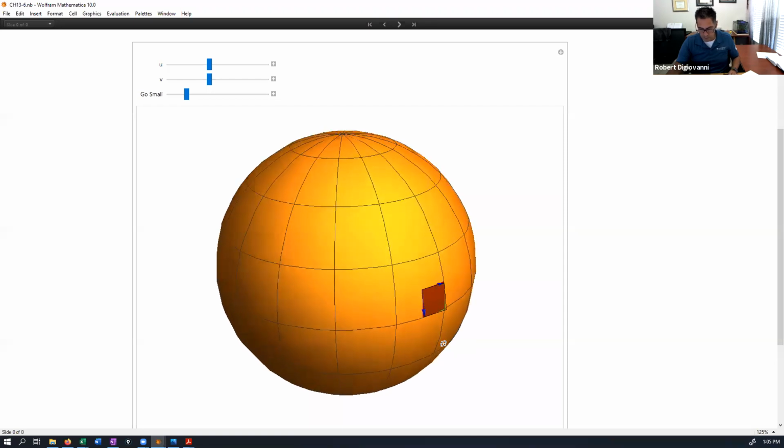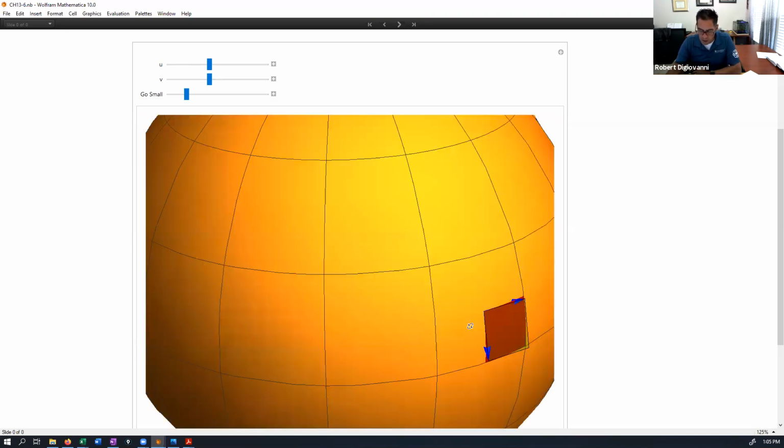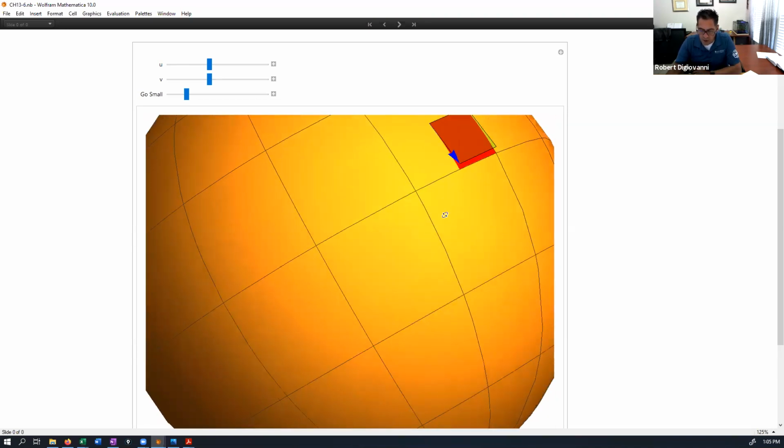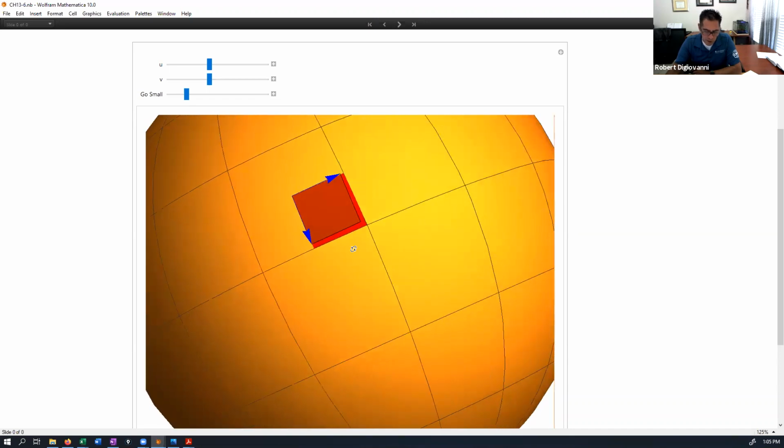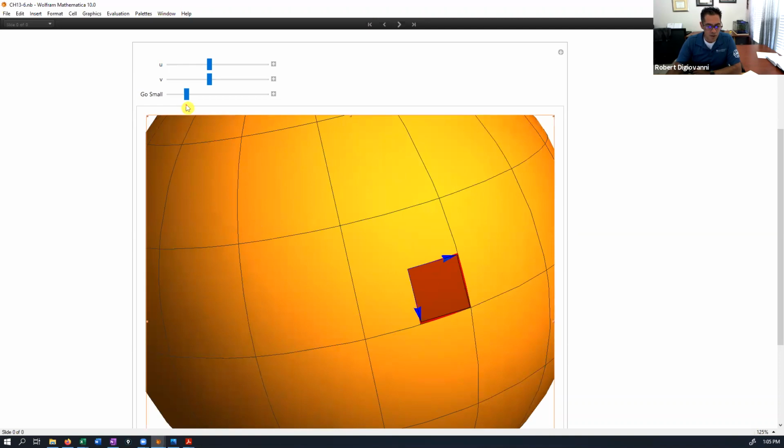Zoom in on that. So you can see that those vectors create a little plane that's really close to that red patch. And the smaller we go with those vectors, the closer, like in the infinitesimal, we should be able to approximate the red patch with something that has to do with that tangent plane.